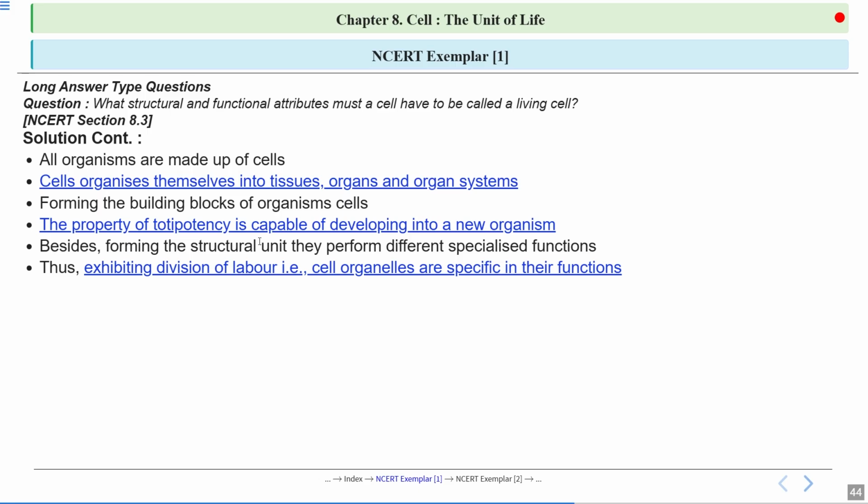Cell organelles also perform specific functions, like mitochondria, which produce energy in the form of ATP. Then you have other organelles like lysosomes, which are known as suicidal bags. So these organelles are also performing specific functions. This is known as division of labor.